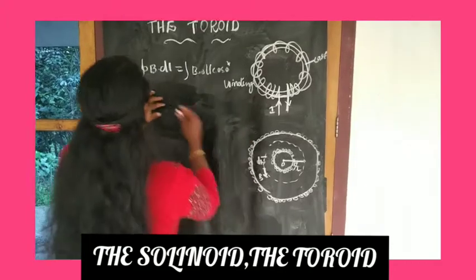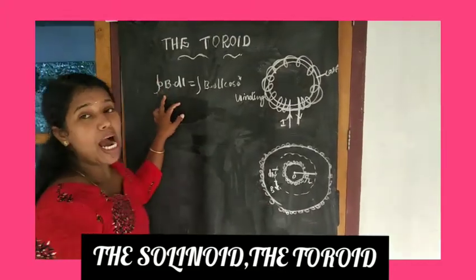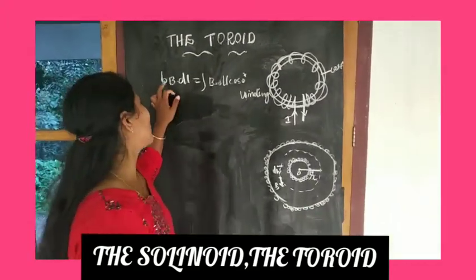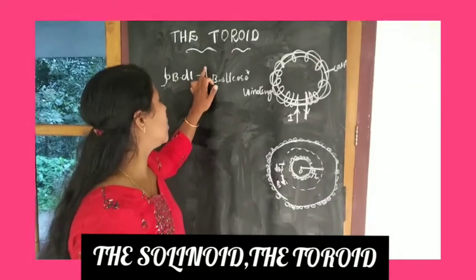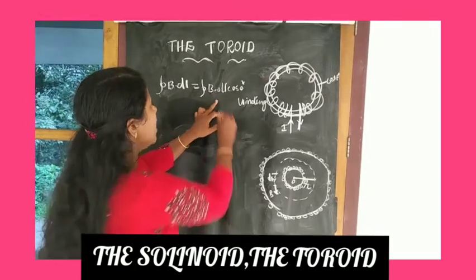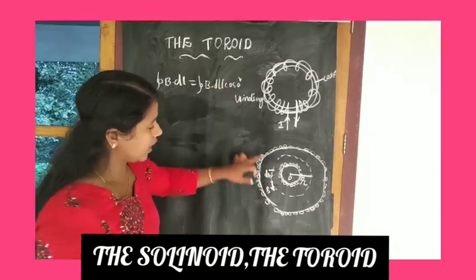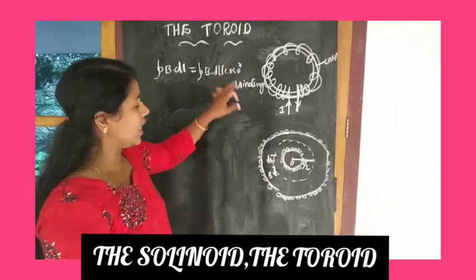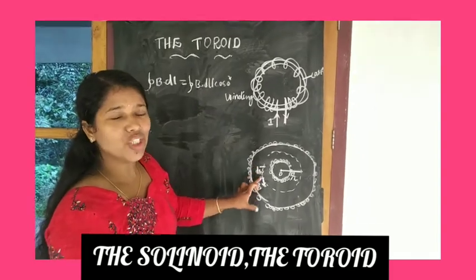Then we take the closed integral by Ampere's circuital law. The closed integral of B dot dl is equal to the closed integral of B dl cos 0 degrees, considering only the tangent at that point.